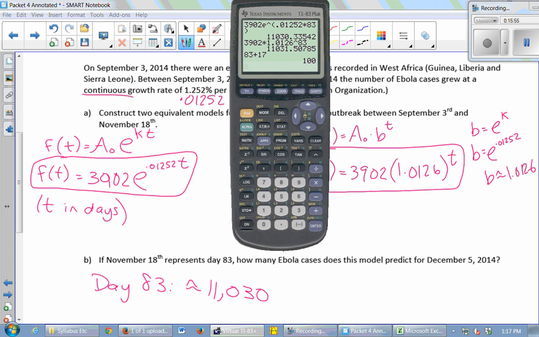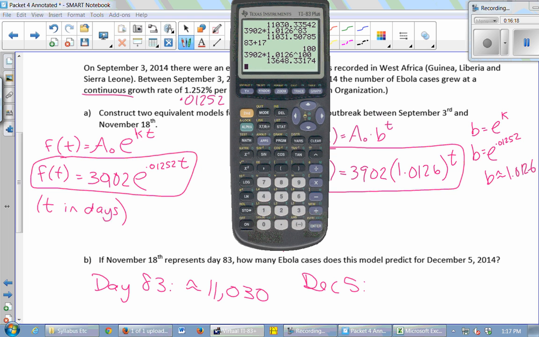So I want to use each of my models for 100 days and see what I get for December 5th. So I'm going to plug in 100 for t in each of my models. So instead of an 83 here, I'm going to put a 100.